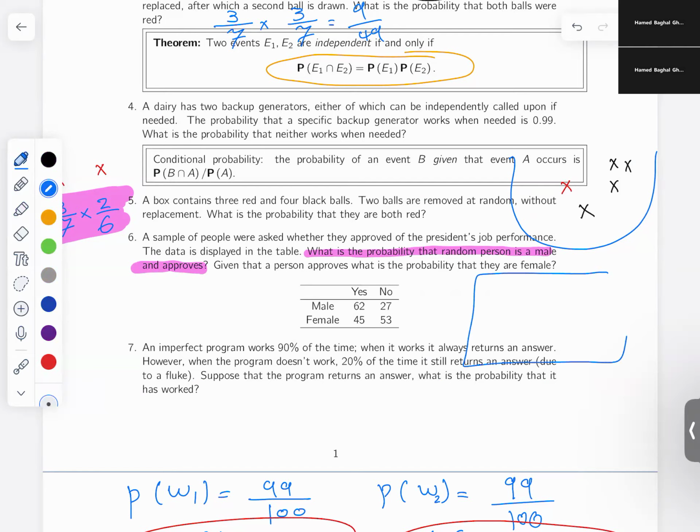No. According to this question, no. So now let's have approver, some from male and some from female. How many female? Female, male, approver.